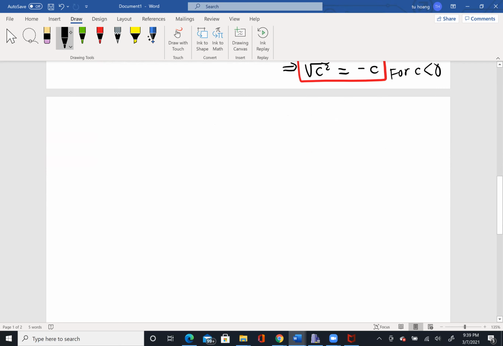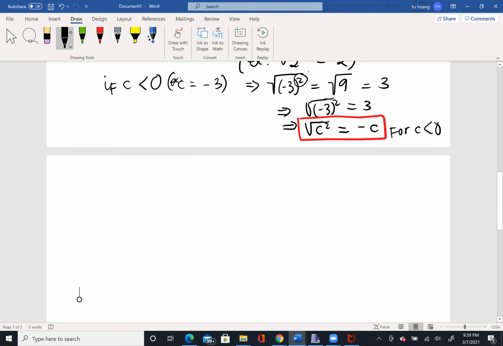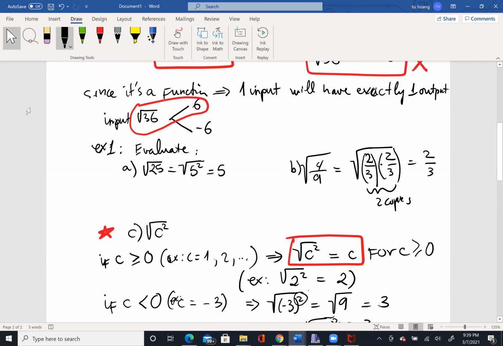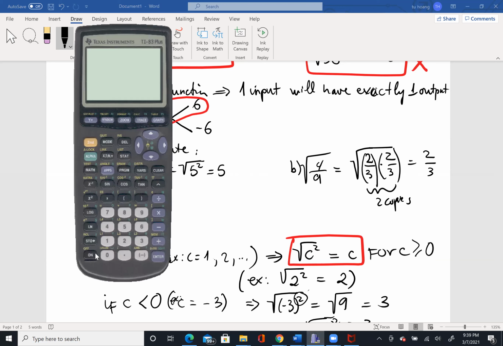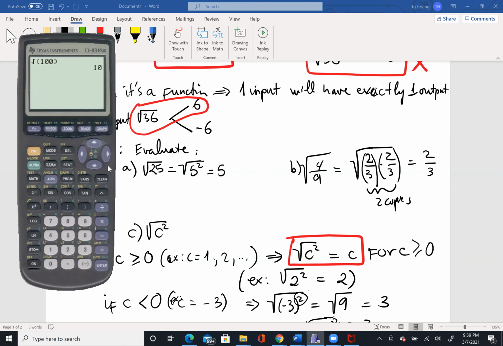All right, so now we're gonna use a calculator to evaluate the square root of 25 and see what it's gonna give you. So you want to use the calculator, just a TI-83, and put in the square root of 25, and the calculator is going to give you the answer as just 5.